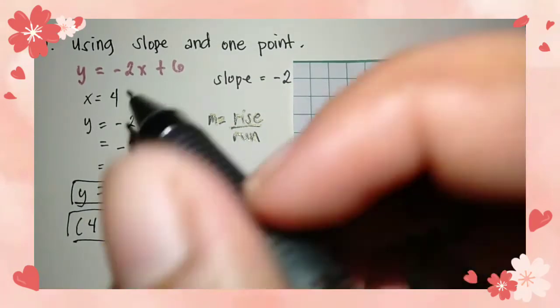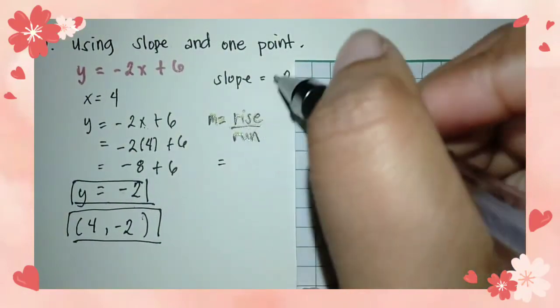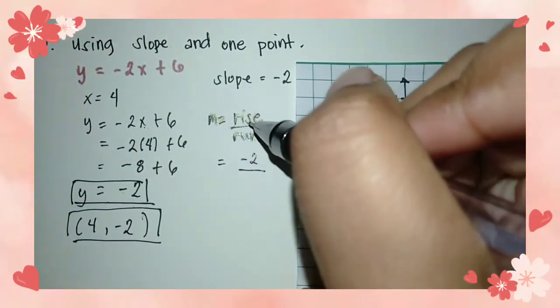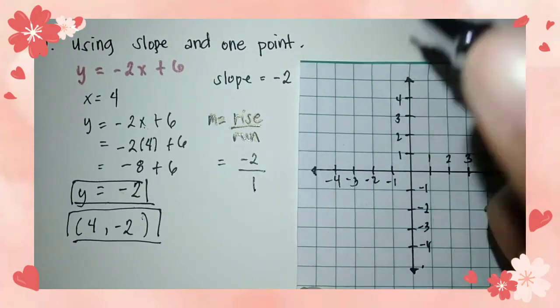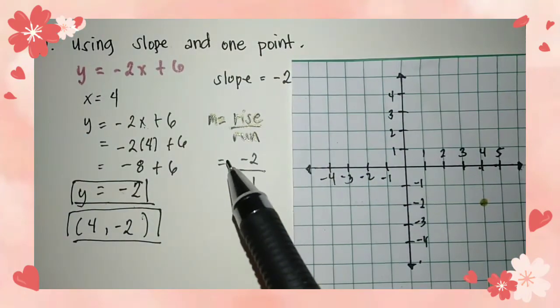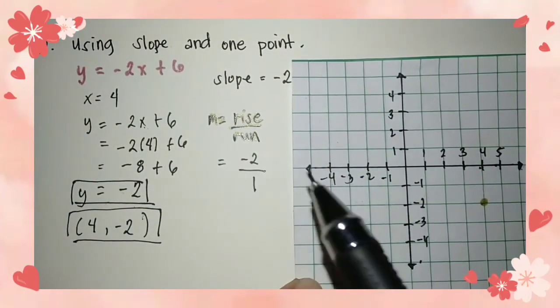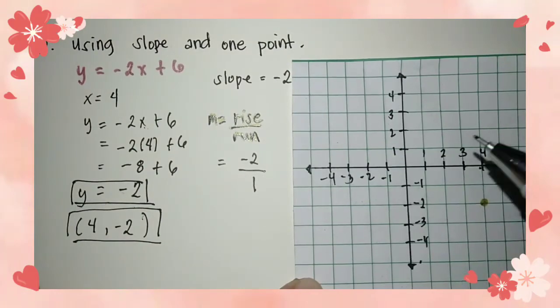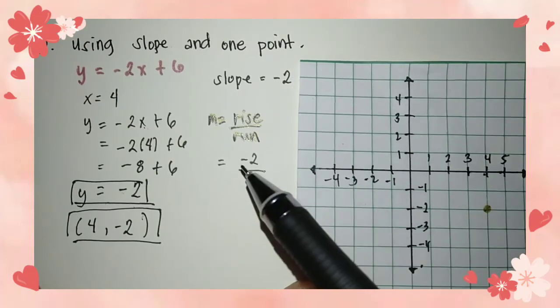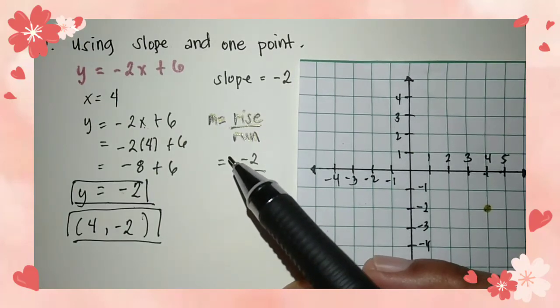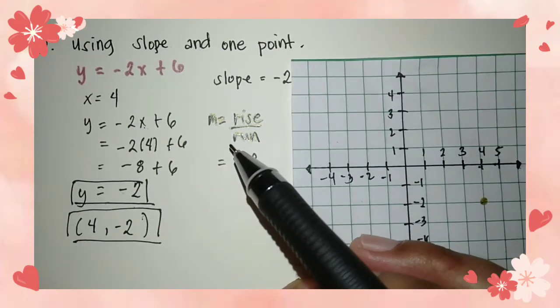Since ang ating slope is negative 2, and then, we have negative 2 over 1 since hindi siya naka-fraction. We have our rise change in vertical and ang ating vertical line is ito. Tama? So, meaning to say, mamimili lang tayo kung upward or downward. And since ito ay negative 2, so, downward tayo. Okay? Downward yung ating move.